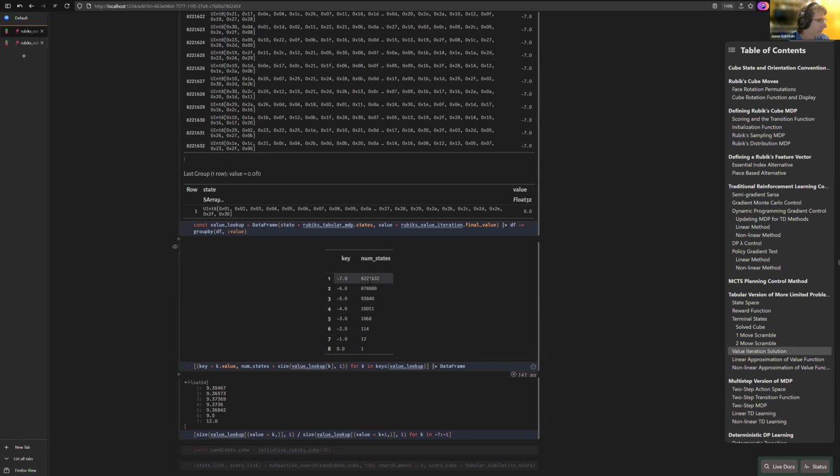And then this is growing, but we can see the ratio is not 12. So this is showing the ratio of the number of states n moves away divided by the number of states n minus 1 moves away from a solution. The only time we scale up by 12 is for the first step here, where we go from the exact solution to the 12 states that are one move away.